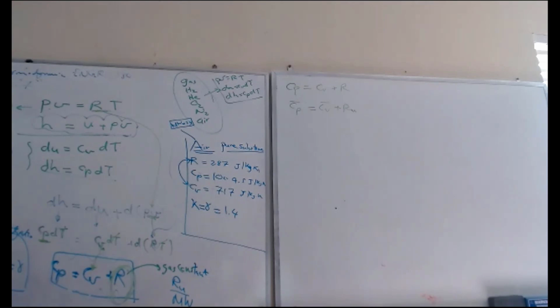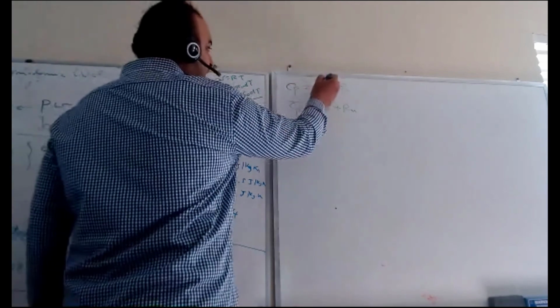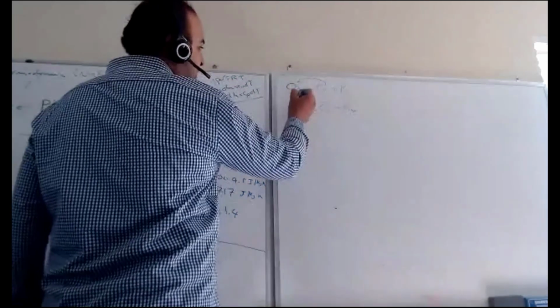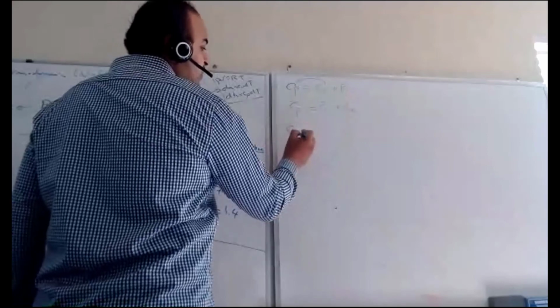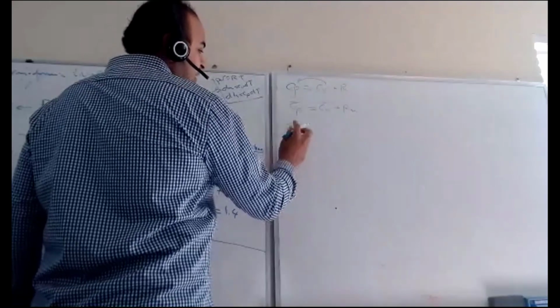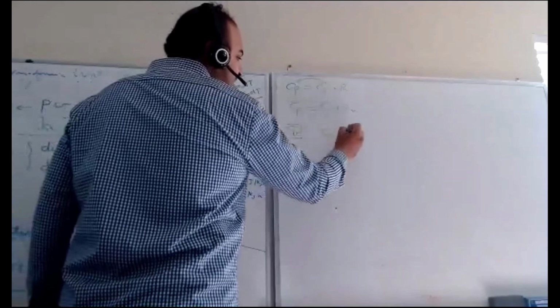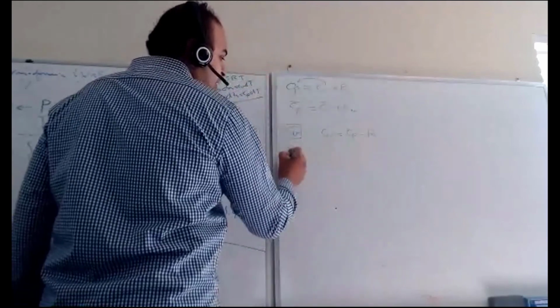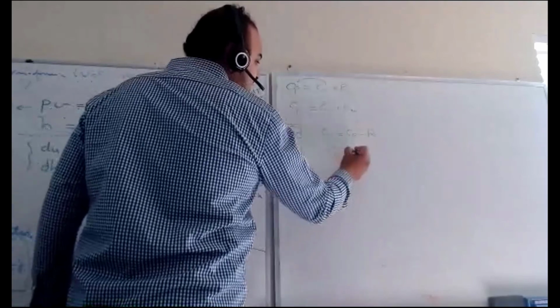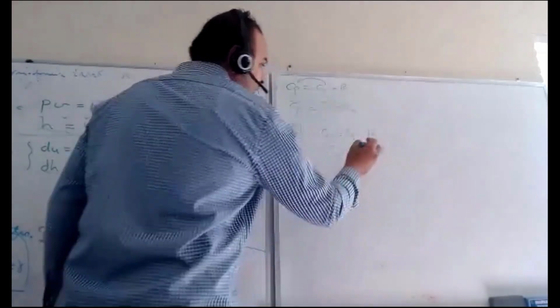Sometimes you have only Cp, but you want to get Cv. Just subtract R. So if you have Cp but you want Cv, then Cv equals Cp minus R. If you want Cv bar, it equals Cp bar minus R universal.